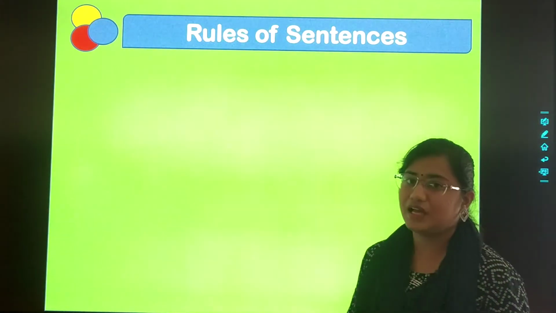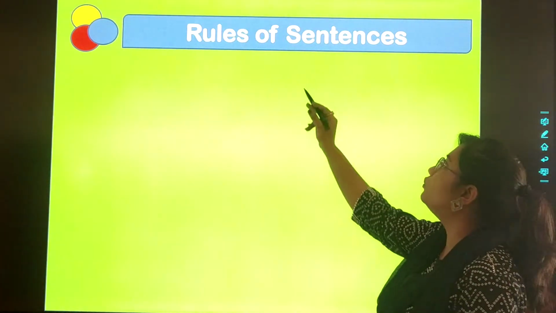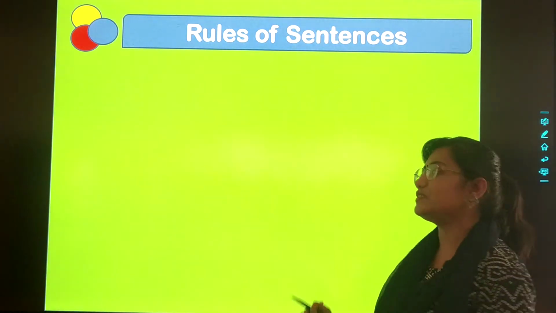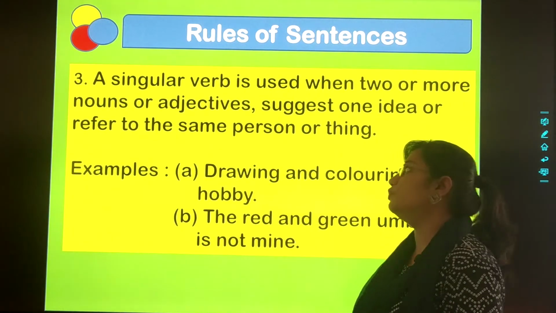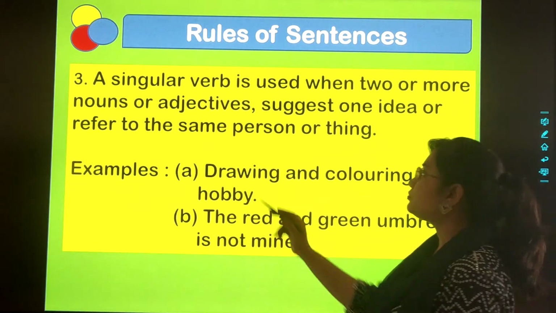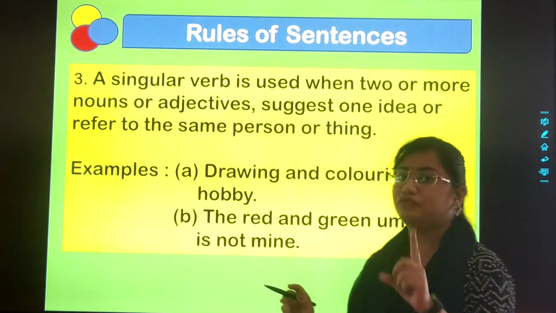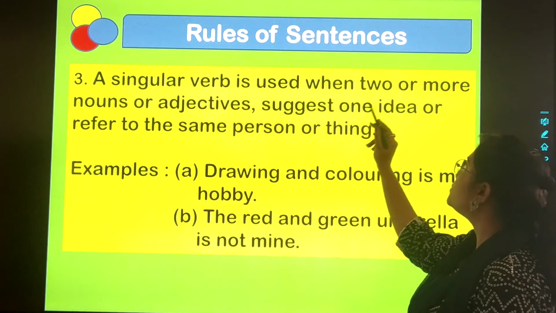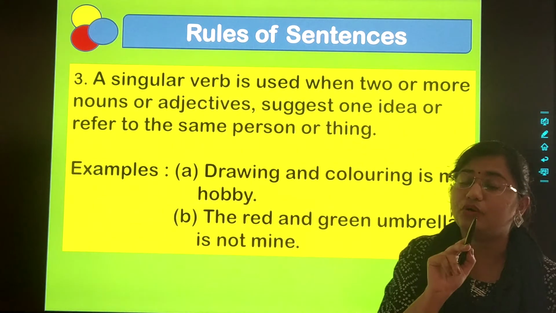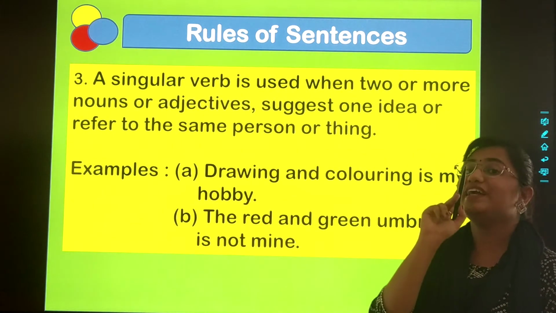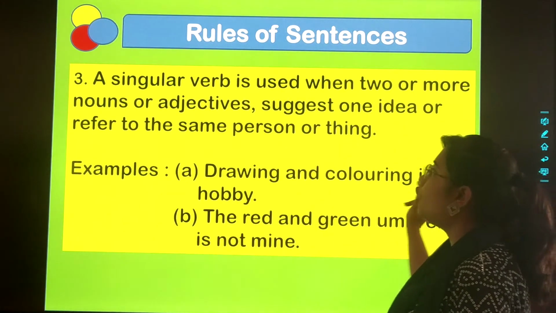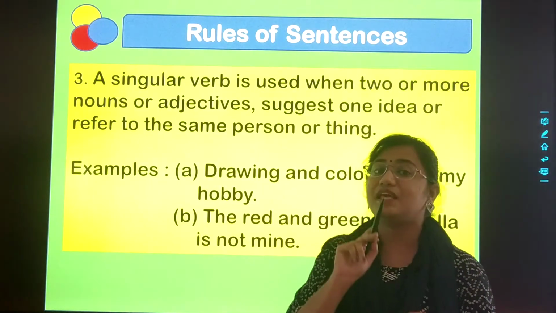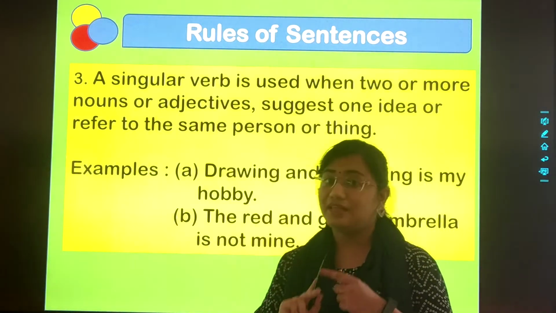Now let us continue with our topic, rules of sentences. We will learn about the third rule, and it says a singular verb is used when two or more nouns or adjectives suggest one idea or refer to the same person or thing.